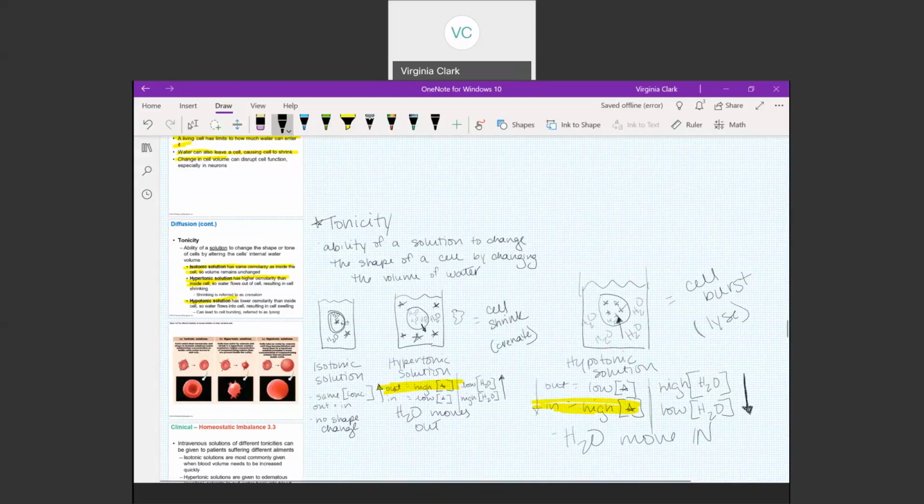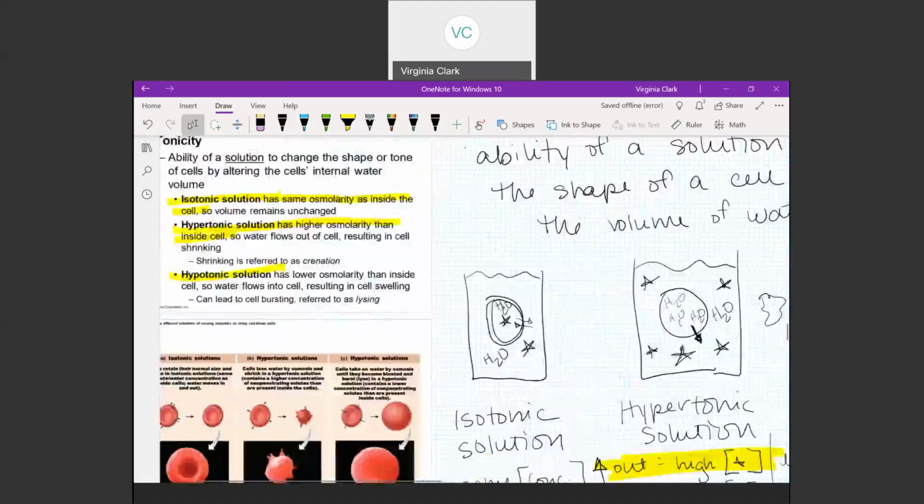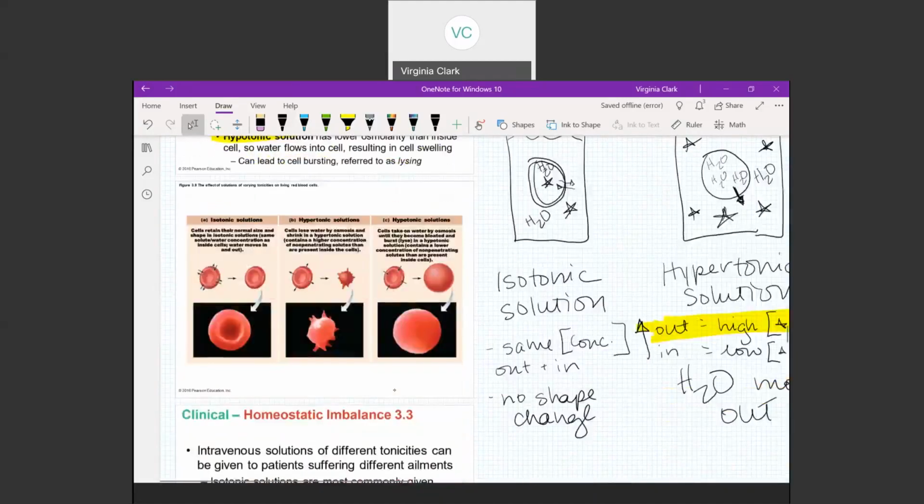This is really important because if you go to the ER because you have been dehydrated, if they were to give you a full-on solid H2O, only water intravenously, you would actually have major problems because your blood itself has a bunch of solutes in it.